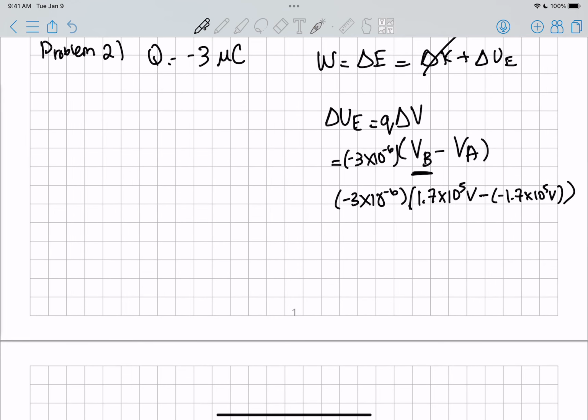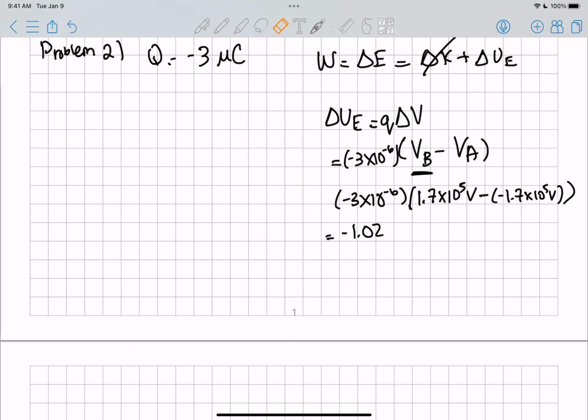You got negative 0.9 joules for this. I have from the key negative 1.02. So the difference is kind of small here, but like I said, I'm not sure 100% about the accuracy of this answer key. So if you have all the work correctly and you're following this methodology, you should be okay.